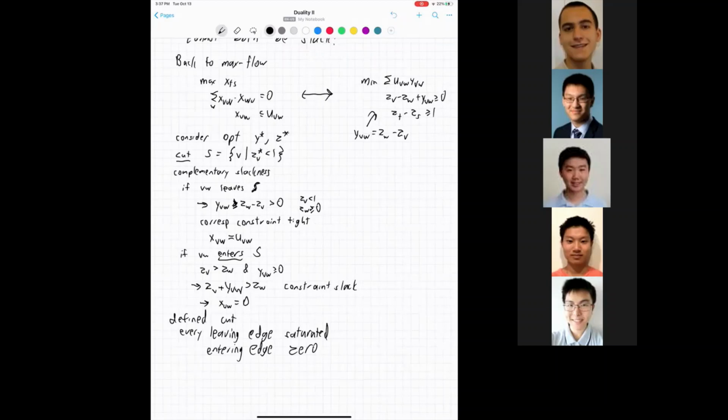So if every leaving edge is saturated and every entering edge is 0, what does that tell us about the value of the cut? It's also the value of the flow. It's equal to the value of the flow.